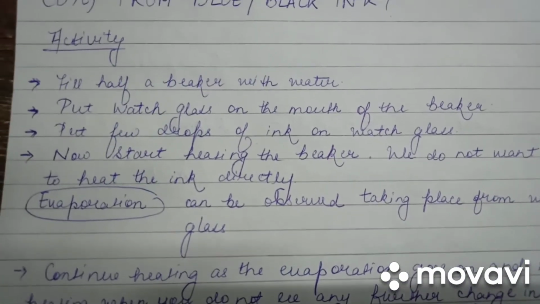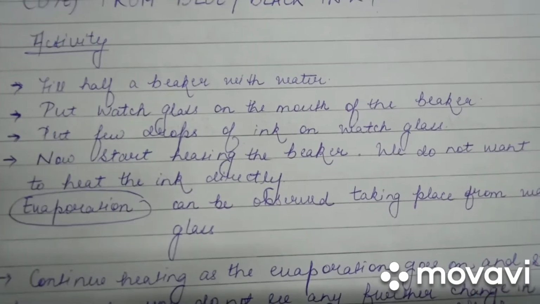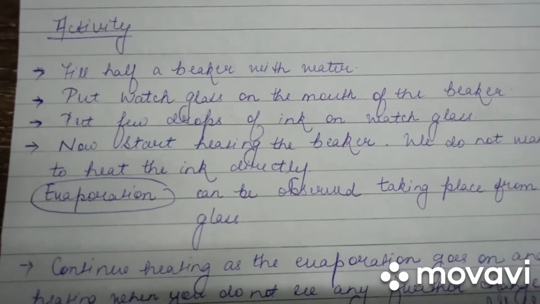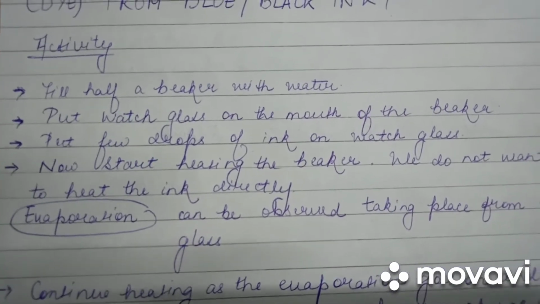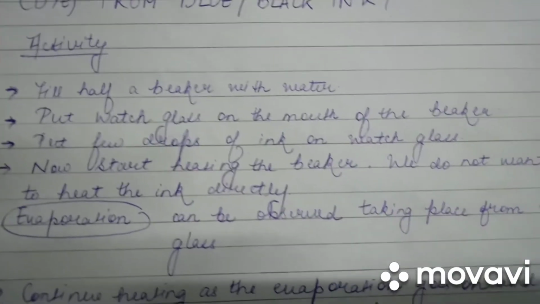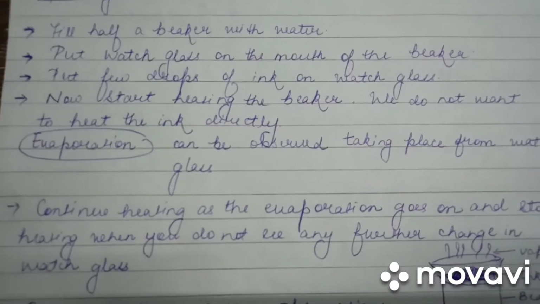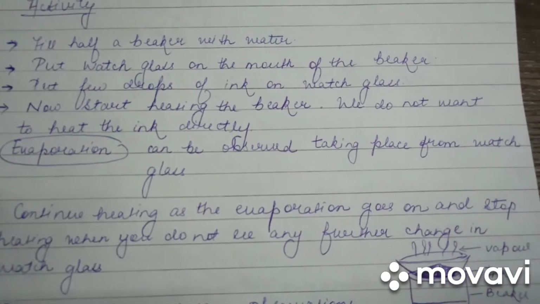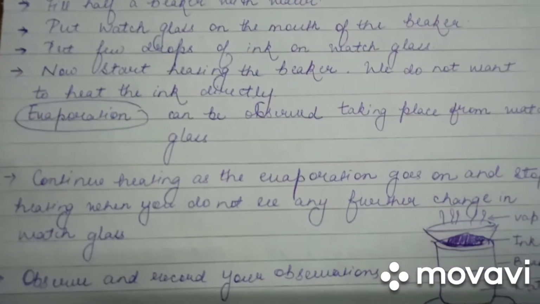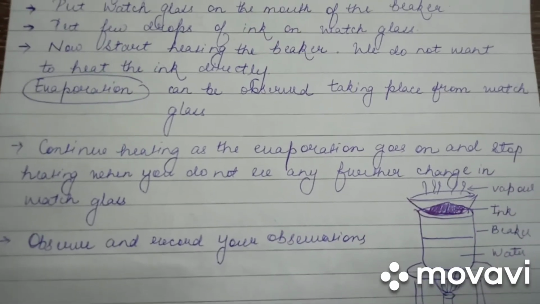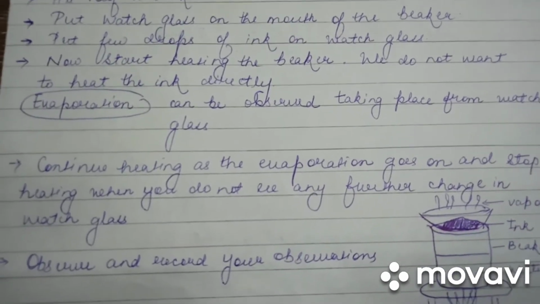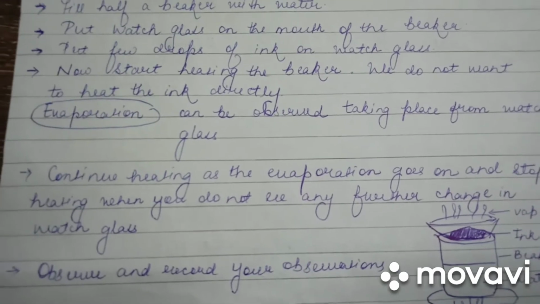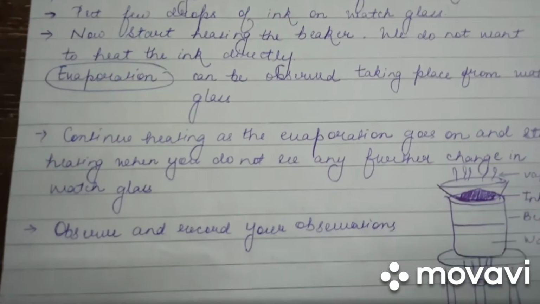We do not want the ink to be heated directly, which is why we have put a few drops of ink on the watch glass placed on the mouth of the beaker. As the beaker is constantly heated, evaporation can be observed taking place from the watch glass. Continue heating as evaporation goes on and stop heating when we do not see any further change in the watch glass.